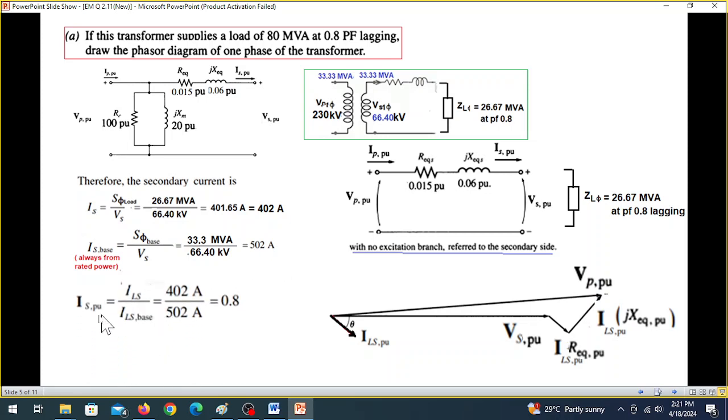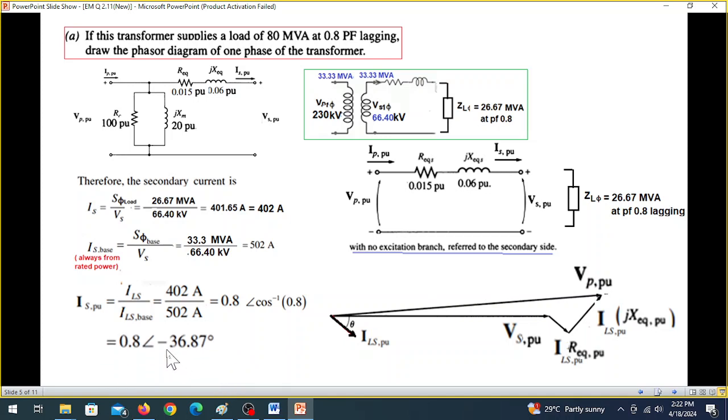And we have learned earlier that to find PU, we divide the actual value by the base value. So 402 divided by 502. So ISPU is 0.8. Now we have to find its angle as well. Power factor lagging, the cosine inverse of 0.8. Power factor is 0.8.